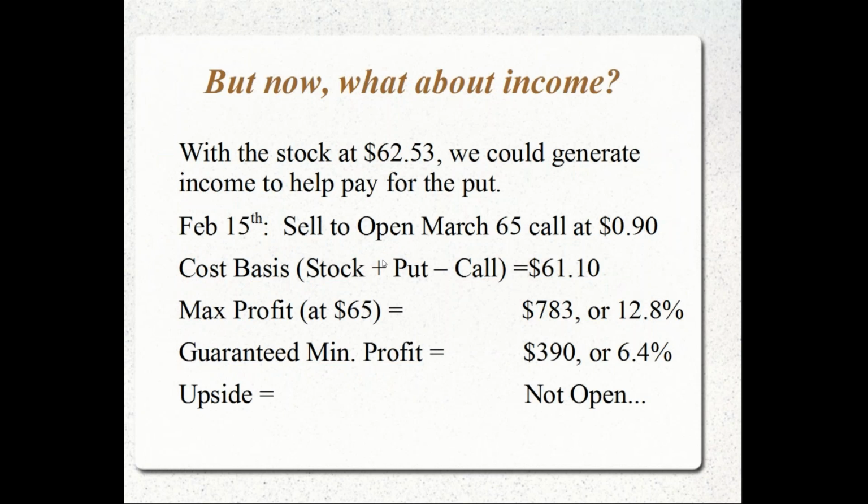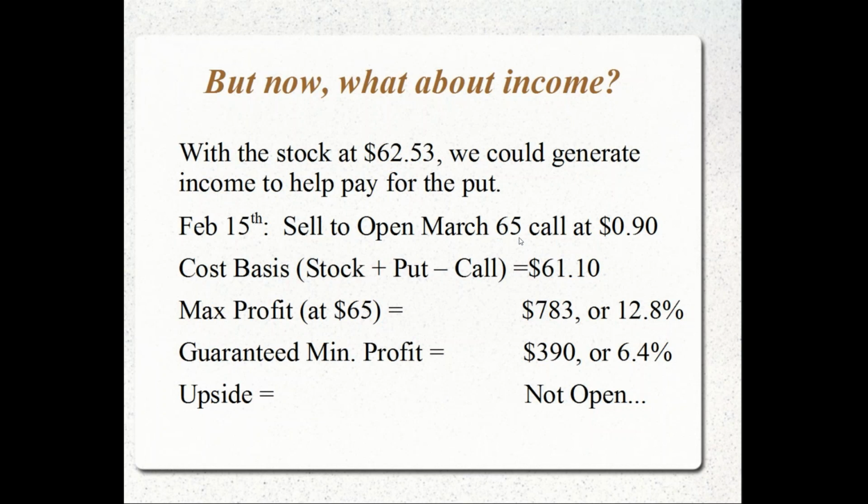What about goal number two? What about income? Well, earlier we saw we could sell the 60 call for $360 after it had moved up, our cost basis of $56.80. But here with the stock at $62.53, I could choose to sell to open the March 65 call now that I've locked in the gains, guaranteed a profit of $3 on the position, and I could have sold on February 15th the March 65 call for 90 cents.